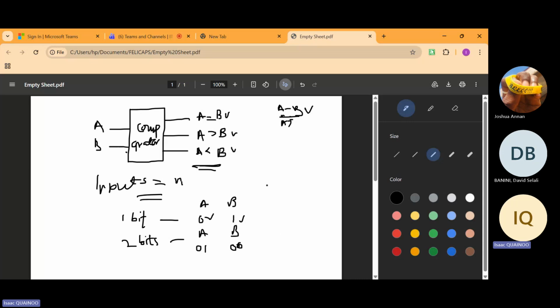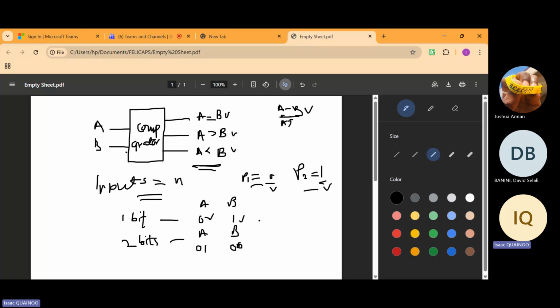For example, when you are asked which comparator will be used to compare input P1 equals 0 and P2 equals 1, you are going to need a 1-bit comparator because all the inputs are made up of only 1-bit binary numbers.